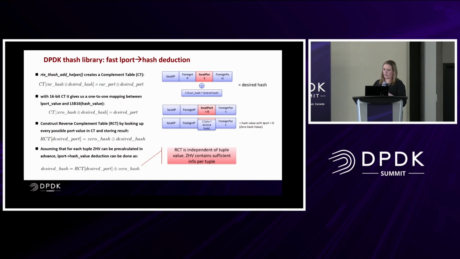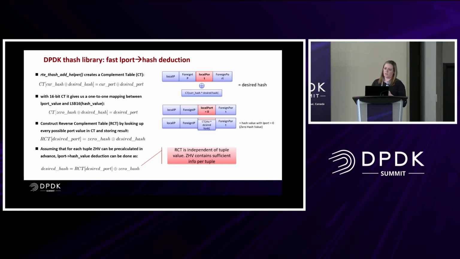So what we do is essentially we take this relationship, which describes the standard complementary table, and we know that the subtuple we're always going to be changing is the local port. We take the special case of what if the L port was actually 0.